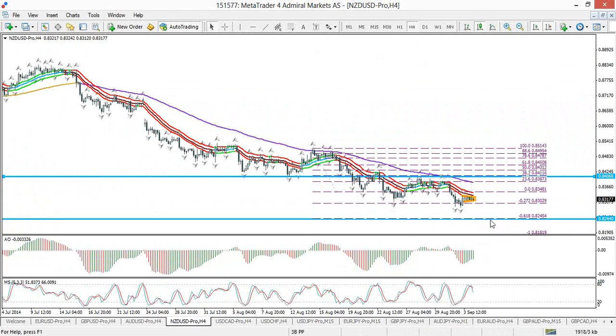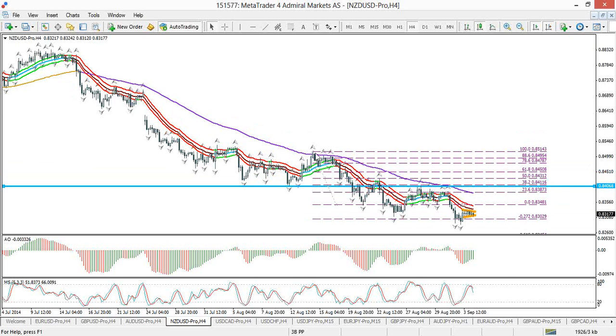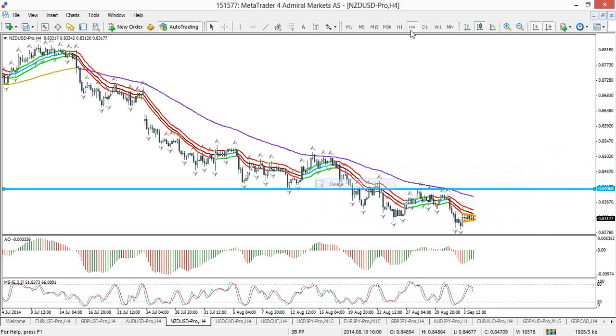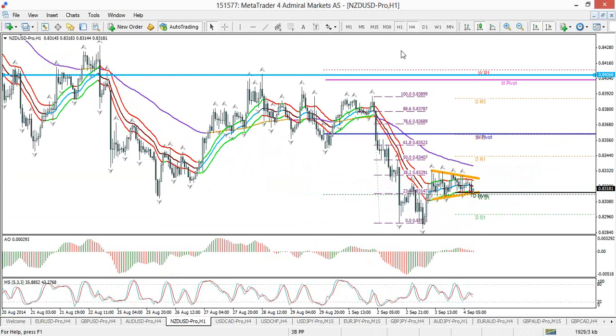Yeah, 82.45 probably. 82.45, that seems like a potential bouncing spot there. Alrighty. So that is a potential short.